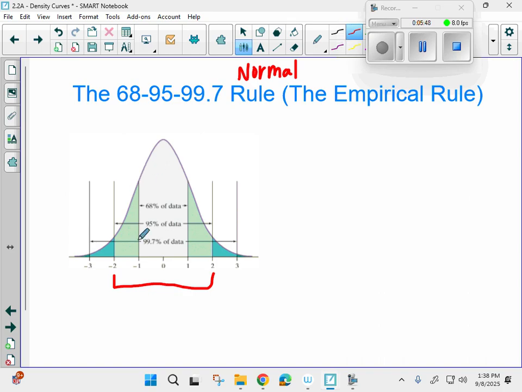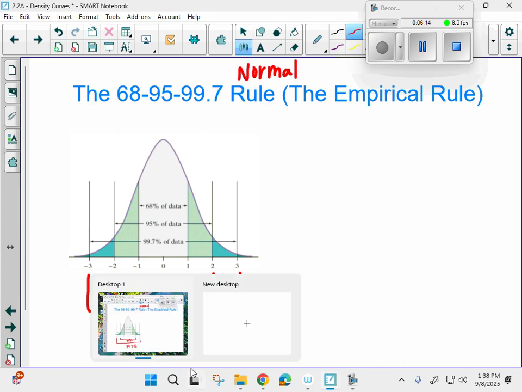So a whole lot of the data falls within 2 standard deviations of the mean, all right? So if you're above 3 standard deviations above the mean in height, you're rare. Okay, it doesn't happen often. All right, and then 3 standard deviations above and below is 99.7% of the data.